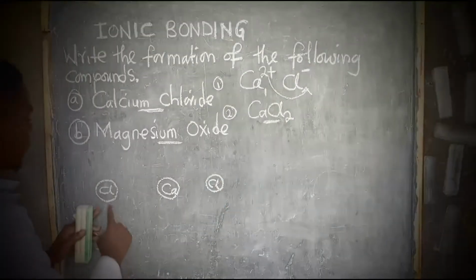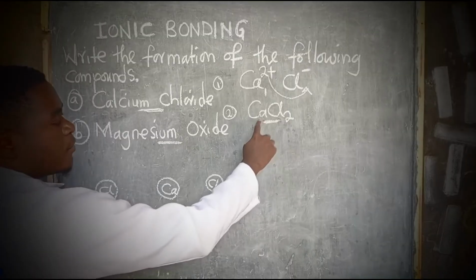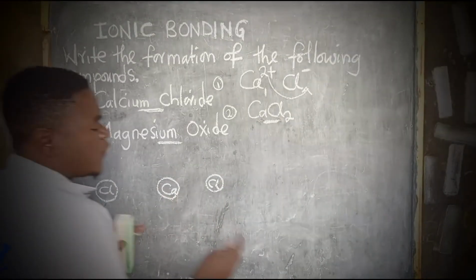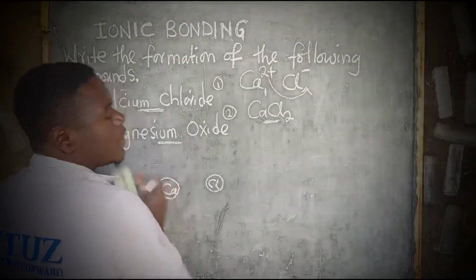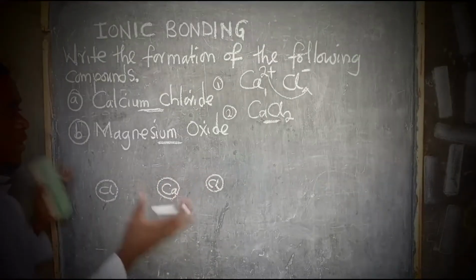Two atoms of chlorine, one calcium. If there is just 1, you just say this one and that one. Then I show the bonding.